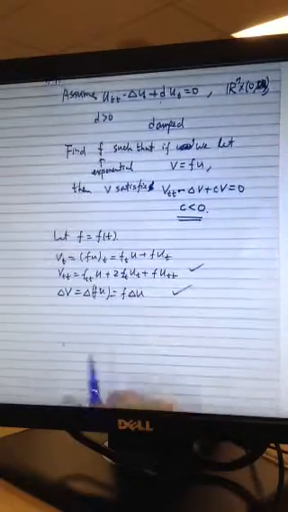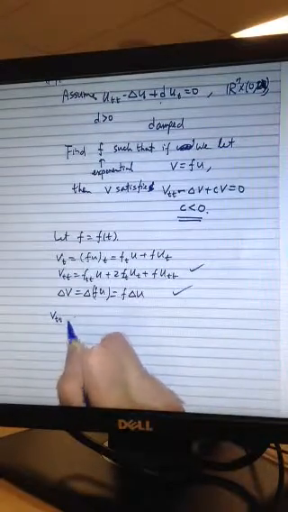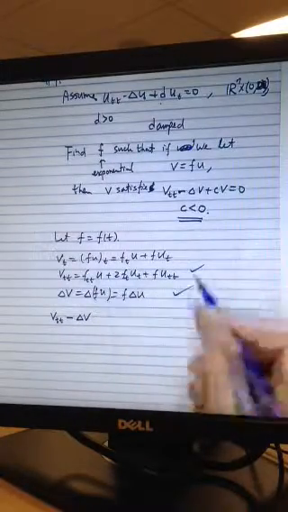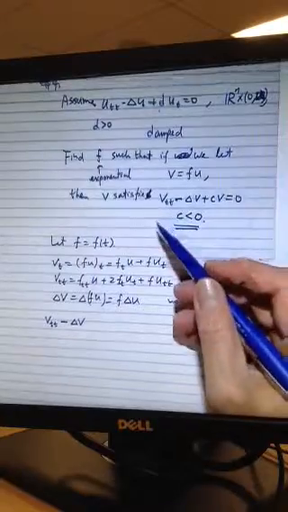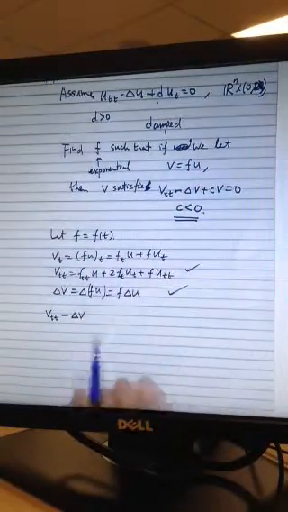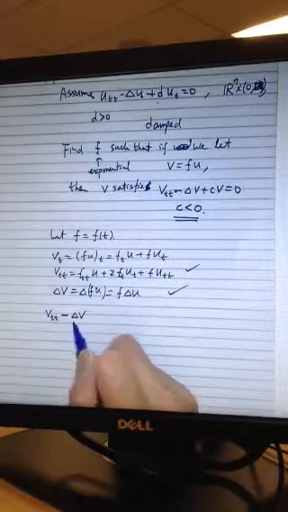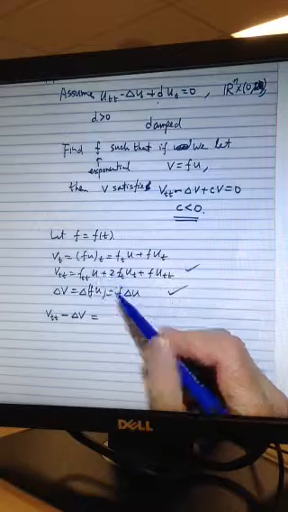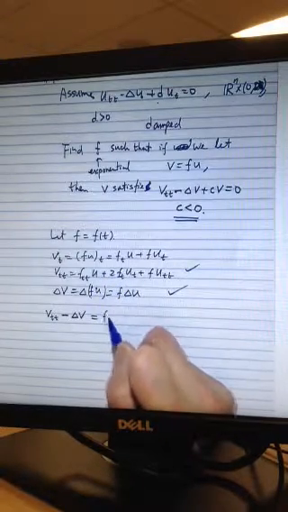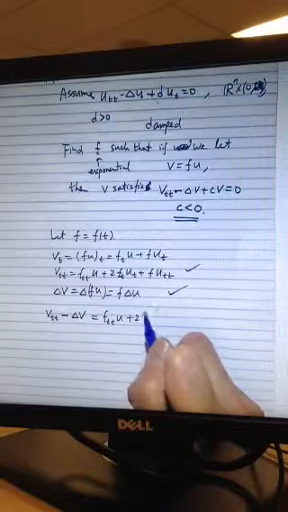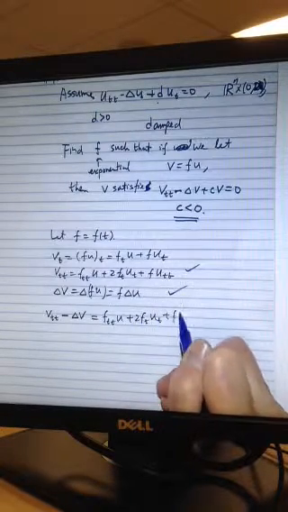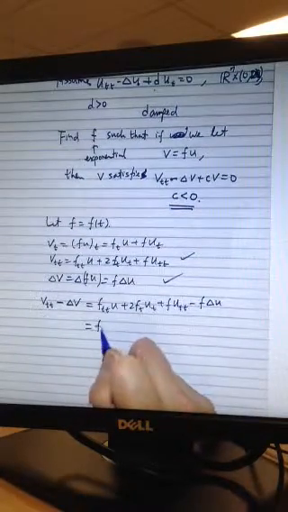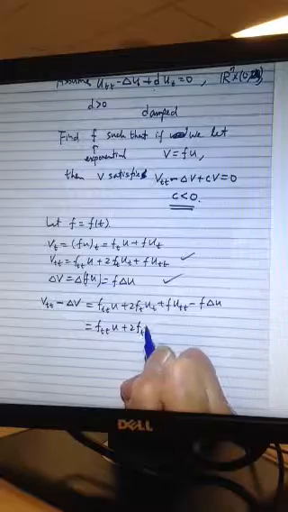Now v_tt minus the Laplacian of v. So let's just check. This minus this is f double prime u plus 2 f prime u_t plus f u_tt minus f Laplacian u.